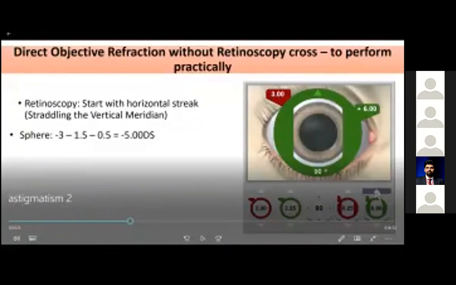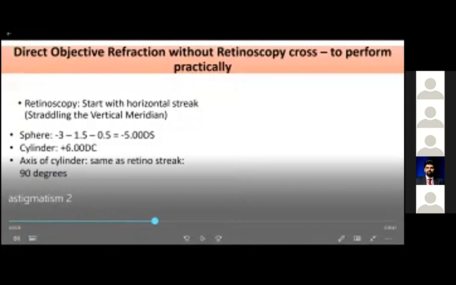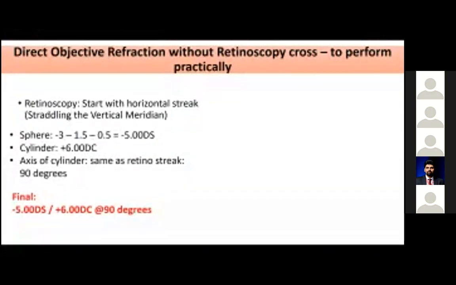So when you're doing it practically, you can directly write it as minus 5 diopter sphere with a plus 6 diopter cylinder at 90 degrees, and you don't need to make a cross or anything like that. Practically, we just write the power of the cylinder we have taken and what the axis is, and this is how it can be done.